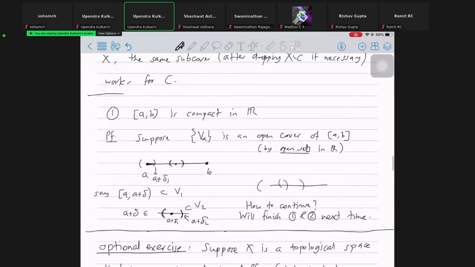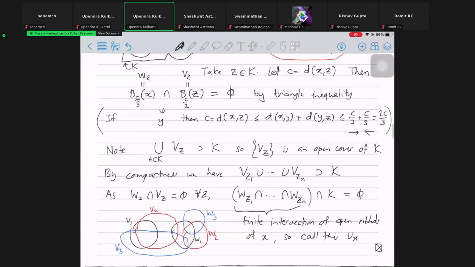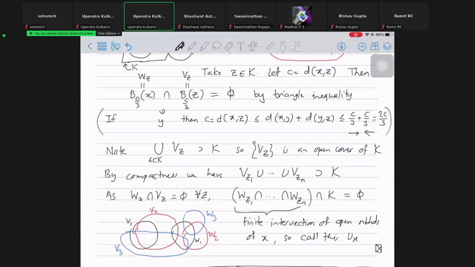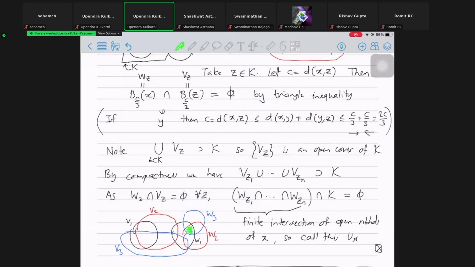So this argument is worth understanding, how it goes. Let me choose yet another color. The part that I want here is this one. So this is the U.